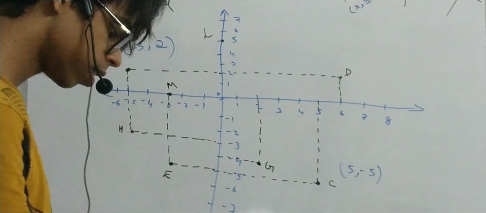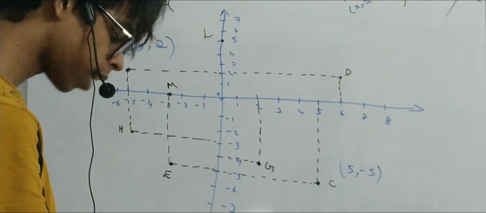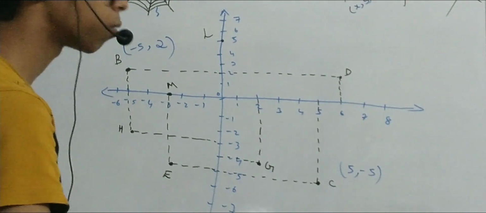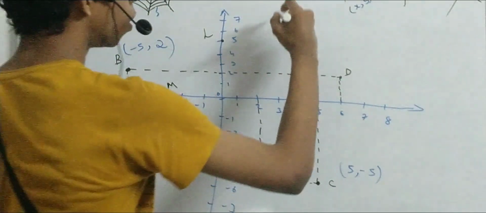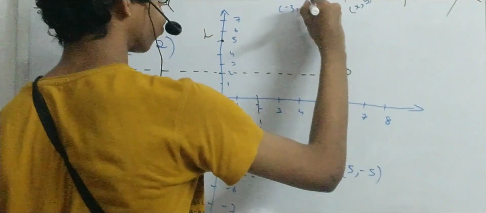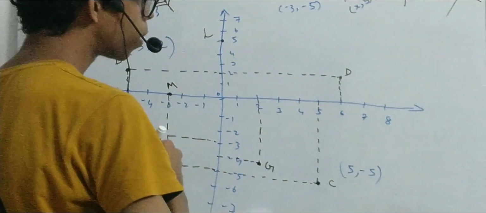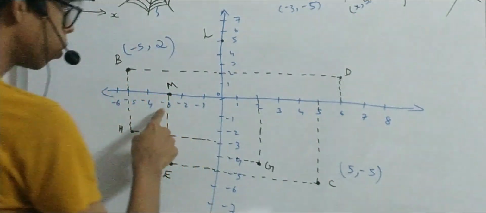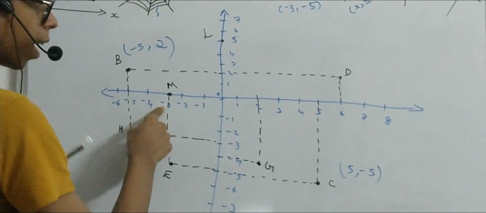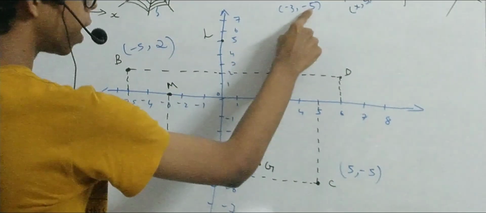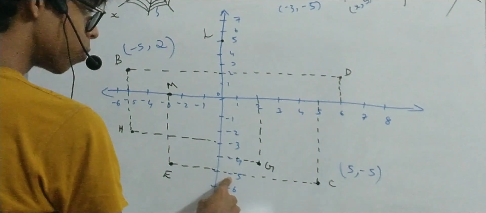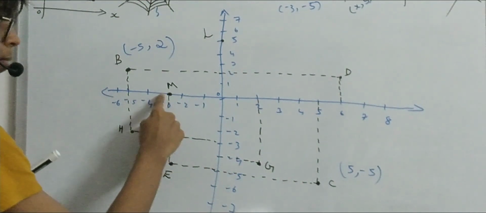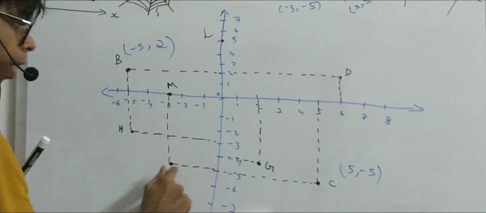The third one is the point identified by the coordinates -3, -5. That means this -3 should lie on the x-axis. So here we have a -3 over here, then -5 on the y-axis. So where does this point -3, -5 lie?